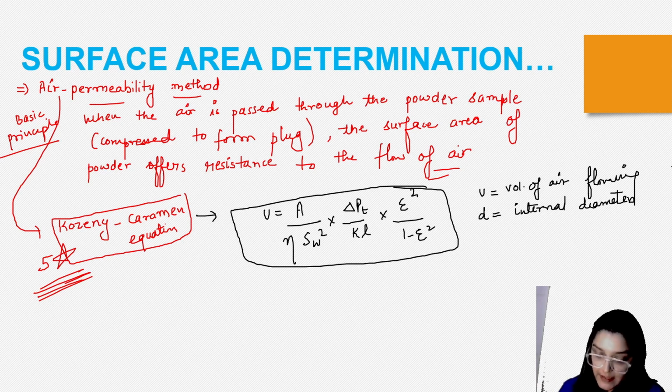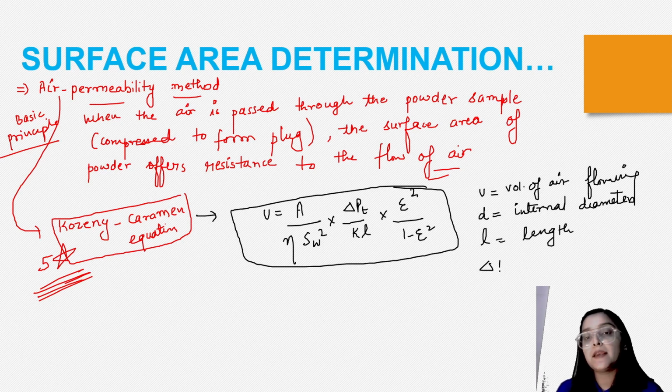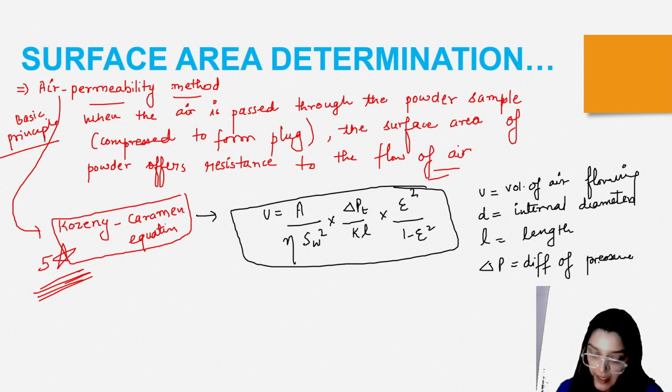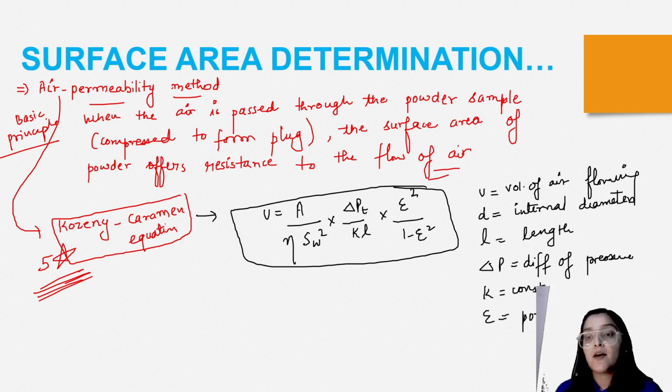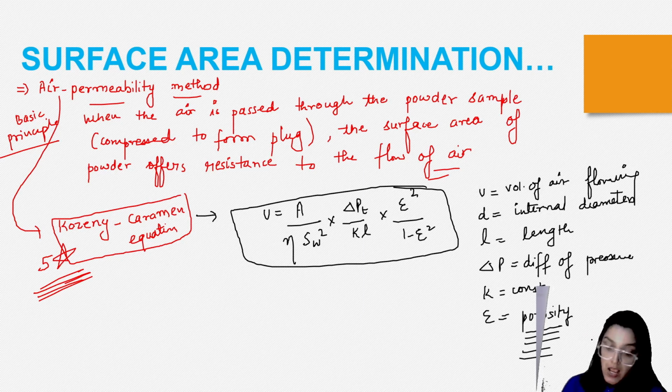D is the diameter, L indicates the length, delta P indicates the difference of pressure, K is the constant and E is the porosity. Another important point, porosity.